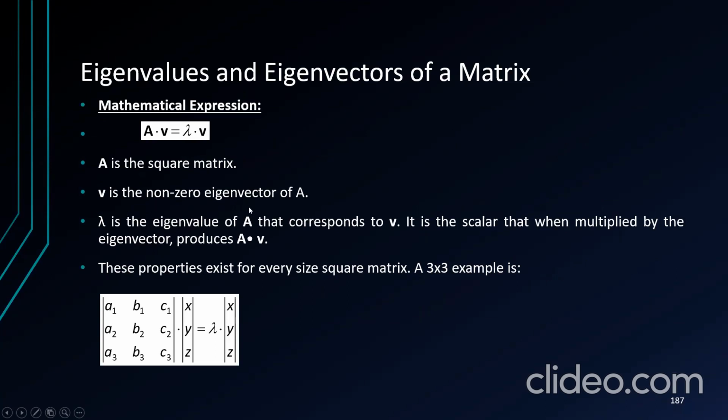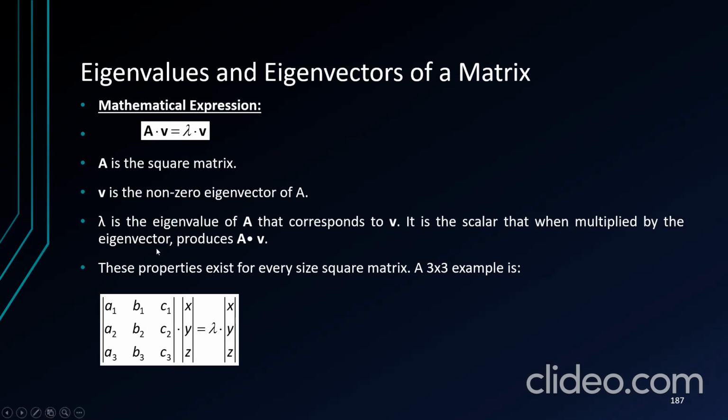B is the non-zero eigenvector of A. Lambda is the eigenvalue of A that corresponds to B. It is the scalar that, when multiplied by the eigenvector, produces A dot B. It's a scalar, so it just becomes a factor there.